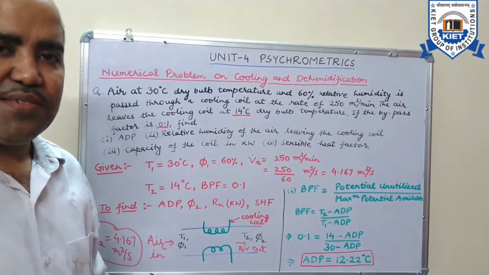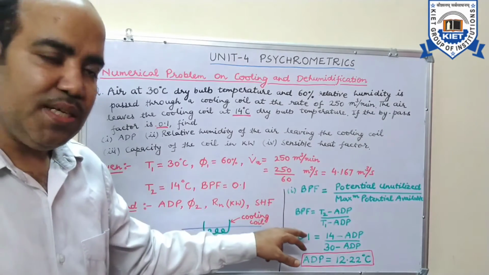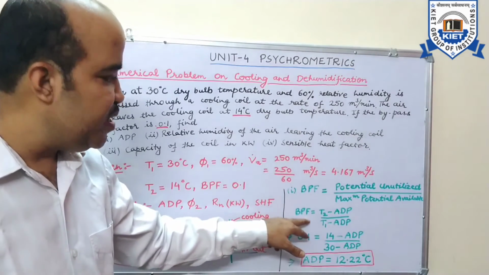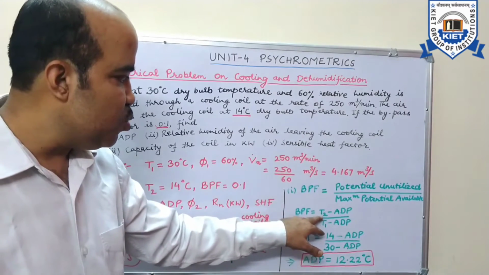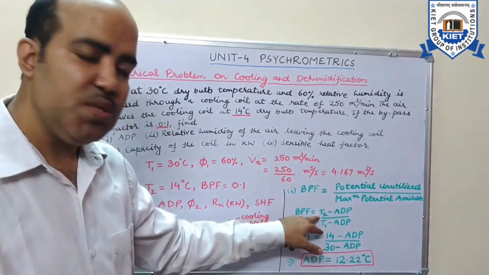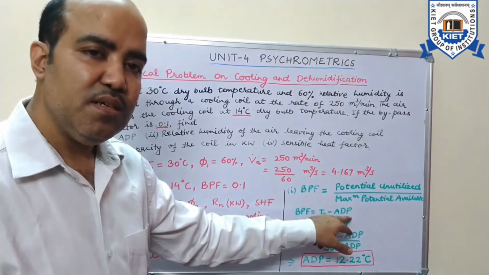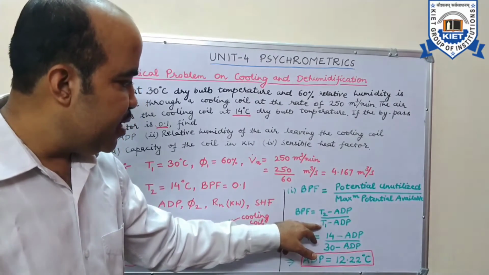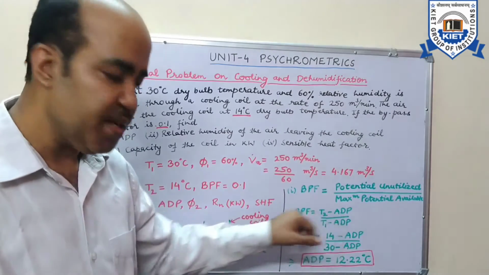If you refer to my previous lecture, you will find that we came to the final expression BPF, the bypass factor, equal to (T2 minus ADP) divided by (T1 minus ADP). T2 is the temperature of the air at the exit, ADP is the apparatus dew point, and T1 is the temperature at the inlet.